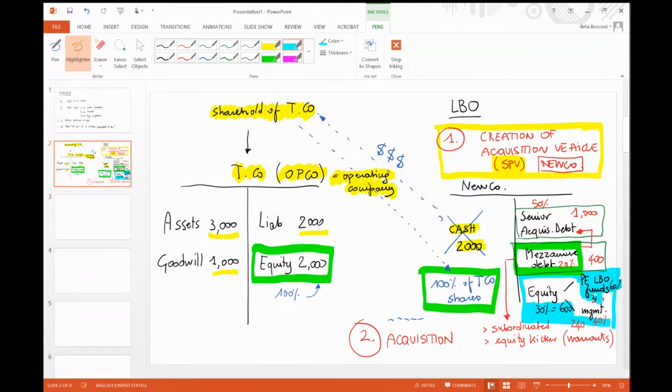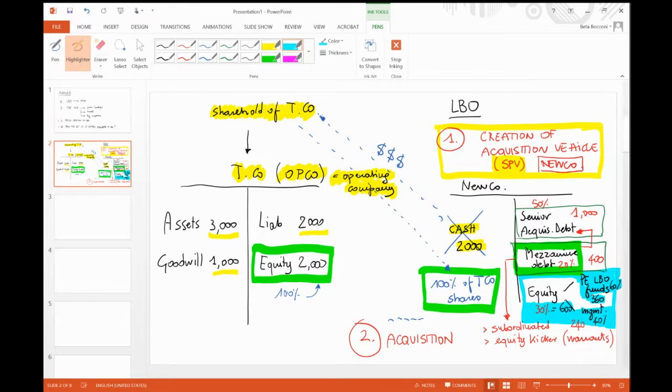So 360, 60% times 600, and then the remaining 40% by the existing management that is reinvesting in the company. So 40% times 600 is an amount of 240.